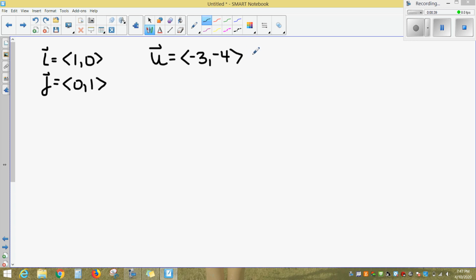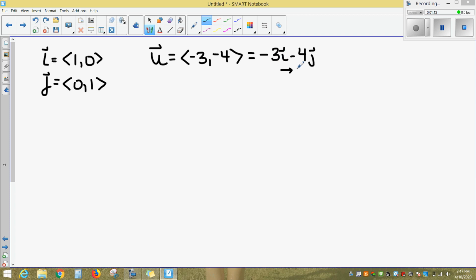When we're looking at vectors, instead of writing them in component form, sometimes we like to write them as linear combinations of our unit vectors. Meaning if instead of moving 1 unit straight to the right, I want to move 3 units straight to the left, then I need to take it times 3 to make it 3 units long, and a -1 to make it go to the left instead.